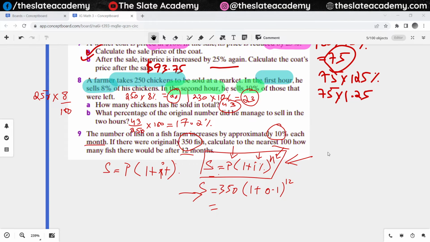Can I do it in the way you sent me the picture? So your picture says present amount is 350, then 1 plus what's the growth percentage, 10 over 100, and then raised to the power 12.